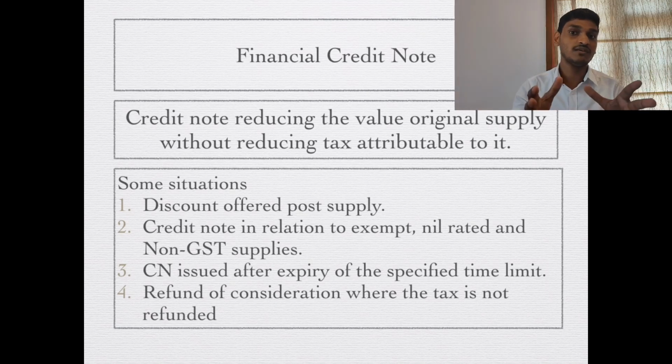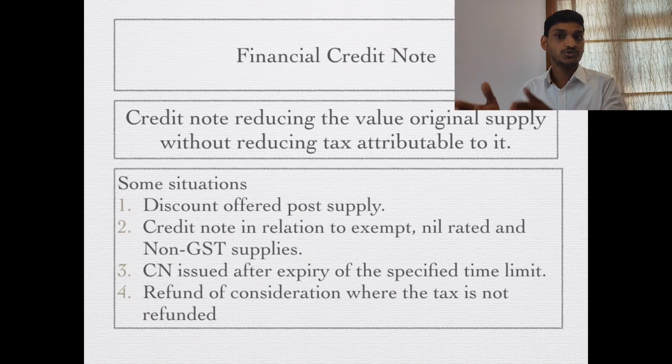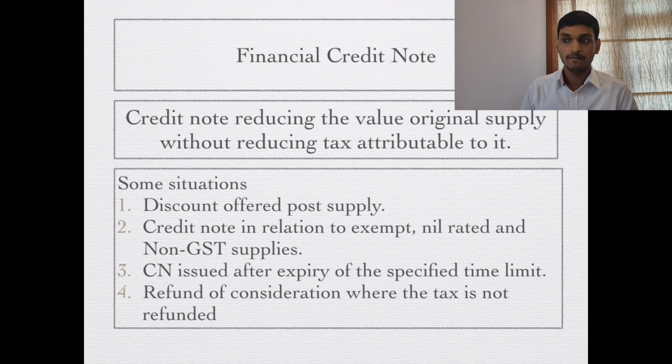If it has tax effect, it should be issued before September. So after September, if you issue a credit note, then that is only a financial credit note. And refund of consideration where tax is not refunded. That is also another case.